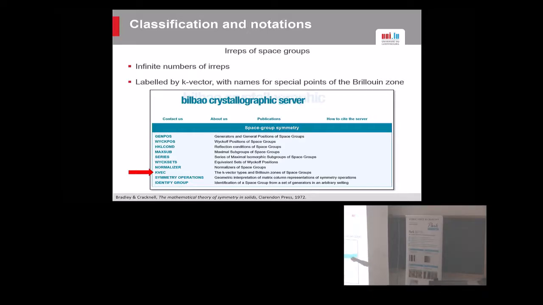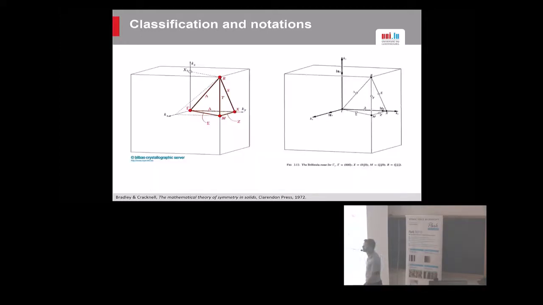And they are always labeled by a k-vector in the Brillouin zone. Very often, there are special names or special letters that are used for special points in the Brillouin zone. We'll have examples of that. And this, again, has been tabulated. If you go on the Bilbao crystallographic server, to this KVEC, you will find this. As a typical example, this is what we need for everything that Eric is usually telling us.